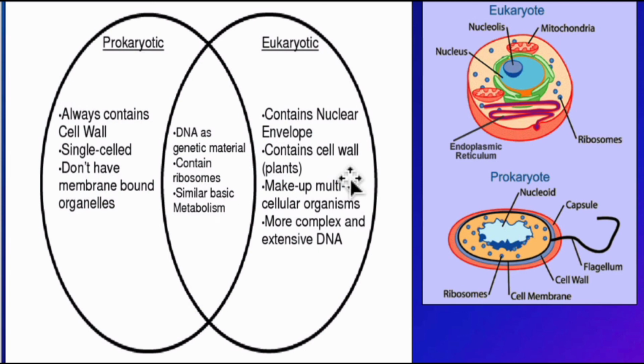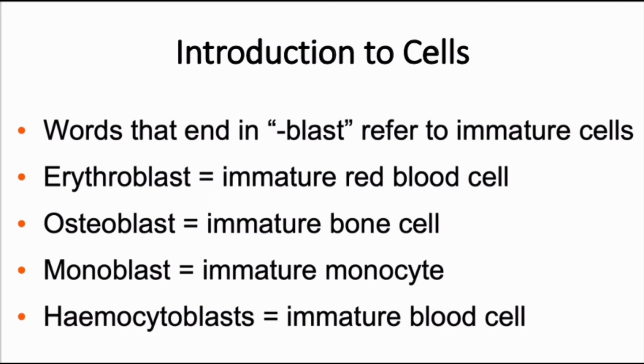In eukaryotes, you'll see a nuclear envelope, whereas you will not have that in prokaryotes. Prokaryotes don't have membrane-bound organelles, whereas eukaryotes have membrane-bound organelles. Prokaryotes are single-cell organisms that end up coming together to form more complex organisms. And eukaryotic cells also come together to form more complex organisms or structures. They both contain DNA as genetic material. They both have ribosomes, and their metabolism is somewhat similar.